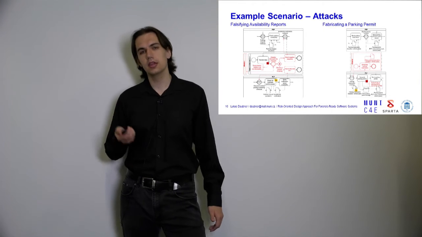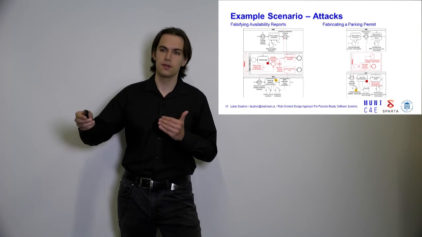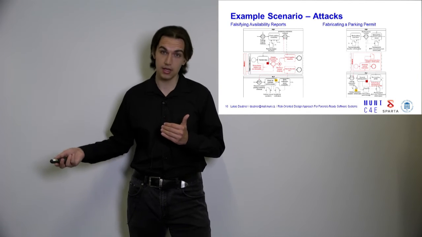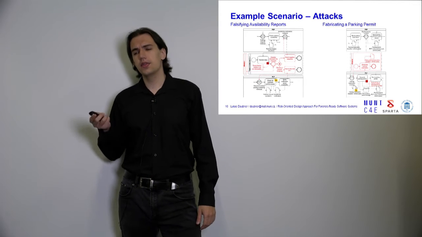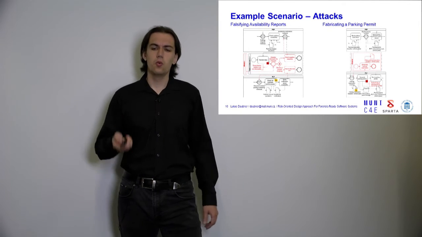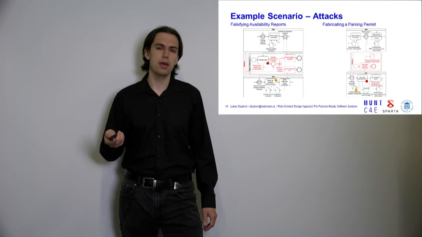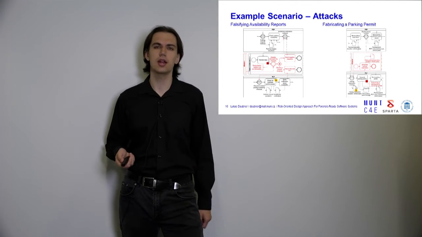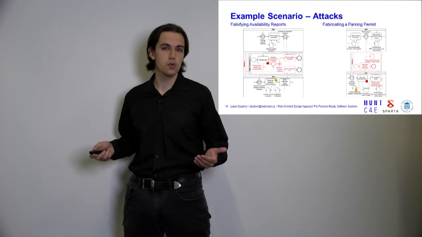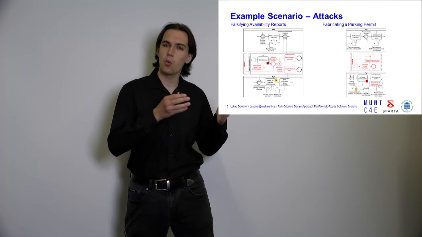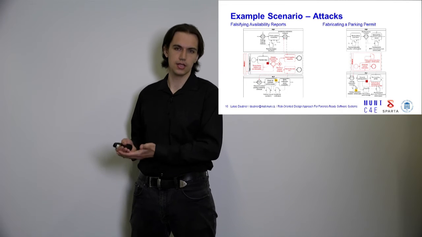Similarly, fabricating a parking permit: some malicious entity wants to insert a ticket without paying into the parking lot to gain access, and here we are interacting with this database that could tell us something. However, the database itself cannot distinguish between what is real and what is this fabricated ticket.